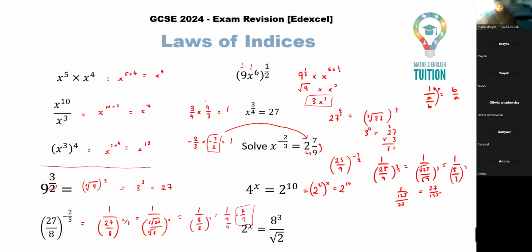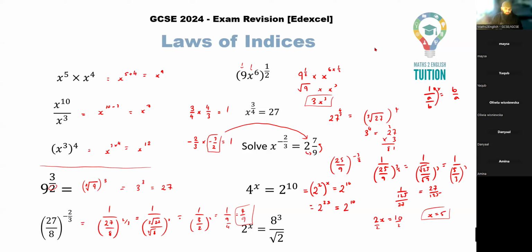Once we have the same base, we can leave it at 2 to the power of 2x equals 2 to the power of 10. And we know what number multiplies with 2 to give us 10, so we can just write 2x equals 10. Divided by 2, divided by 2, x equals 5. That's your answer for x.